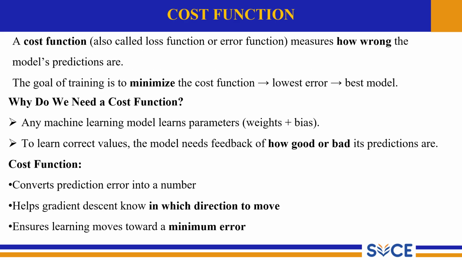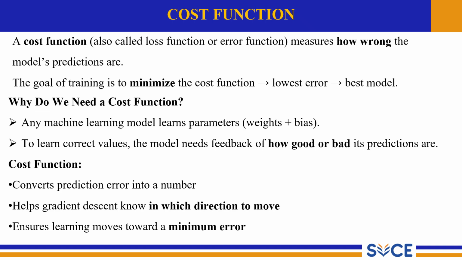Cost function. Cost function, also called a loss function or error function, measures how wrong a model's predictions are compared to the actual value. The main objective of training a machine learning model is to minimize the cost function, because a lower cost means lower error and better model performance. Machine learning models learn by adjusting their parameters such as weights and bias.